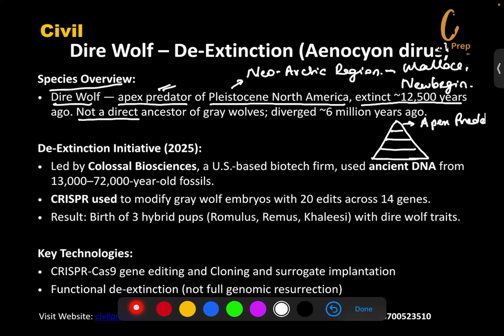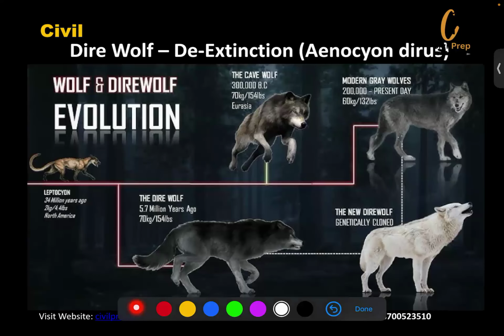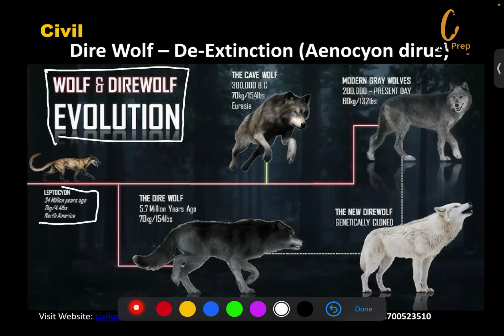Now, it is not a direct ancestor of grey wolves, which diverged around 6 million years ago. We can understand this part through a diagram here. So here we see the evolution of wolf and dire wolf. Almost around 34 million years ago, the ancestor of this species was Leptocyon.